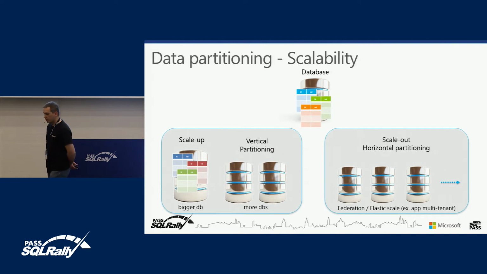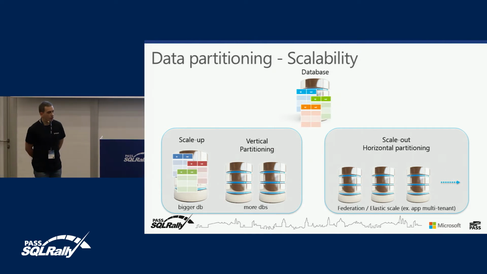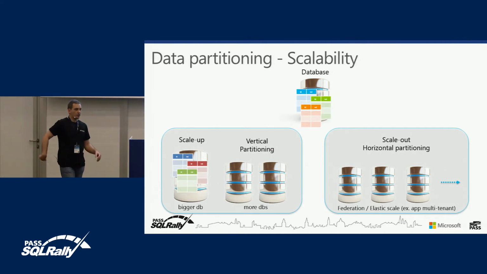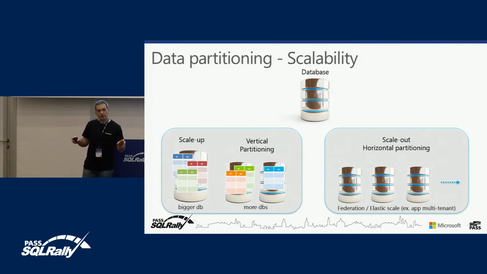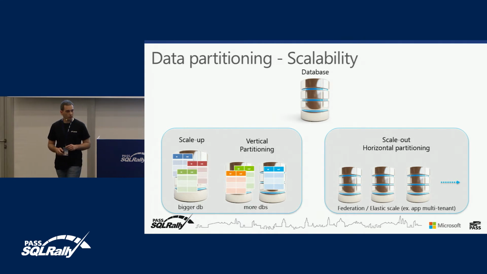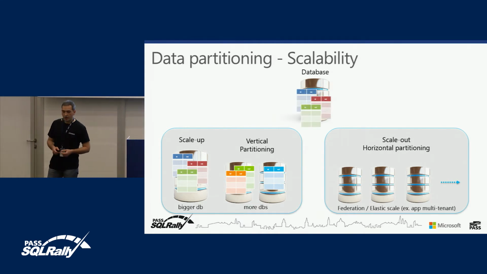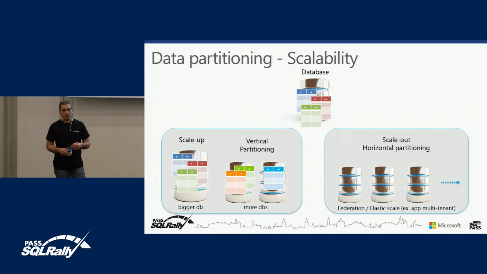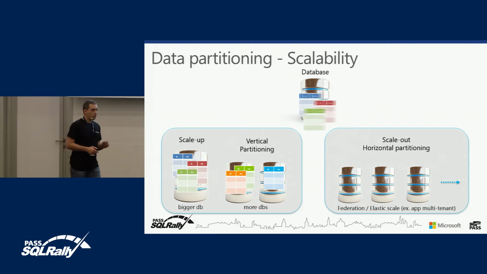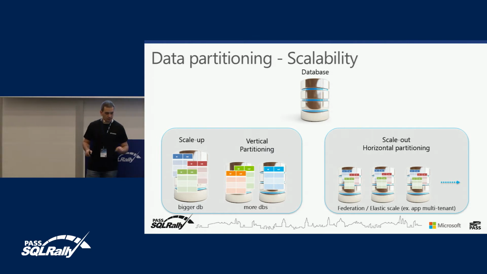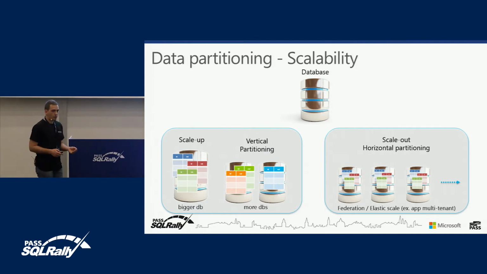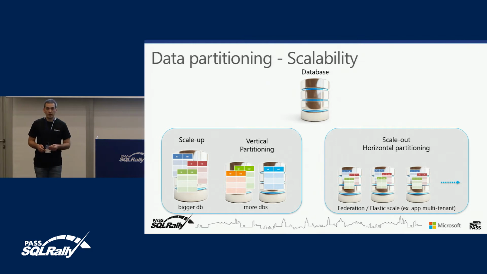The second one, called vertical partitioning, is dividing the tables in different databases. And the last one, called scale out or horizontal partitioning, is splitting the same table in many databases. This is the best way for a multi-tenant application.